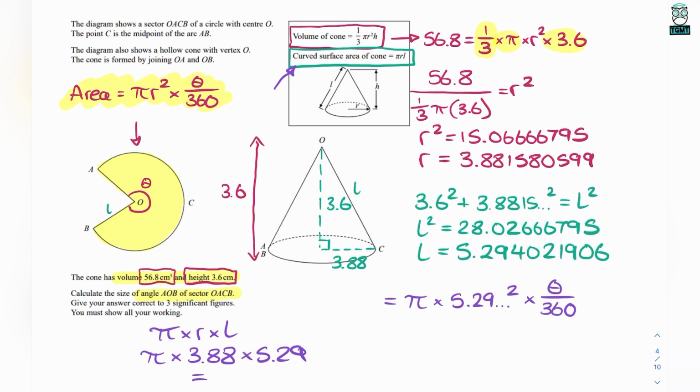Now I'm going to use the full numbers that I've worked out, so pi multiplied by 3.881580599 multiplied by the full 5.29 number, which was already in my calculator, so I'll press answer. So that equals 64.55 and some more decimals.